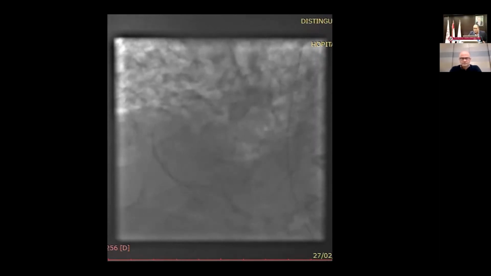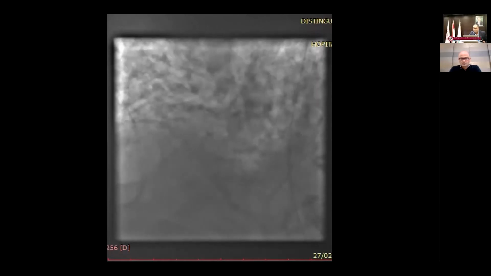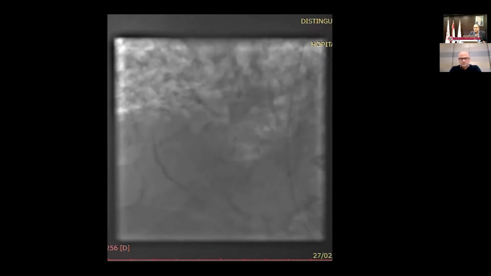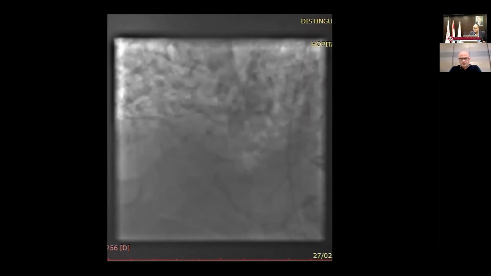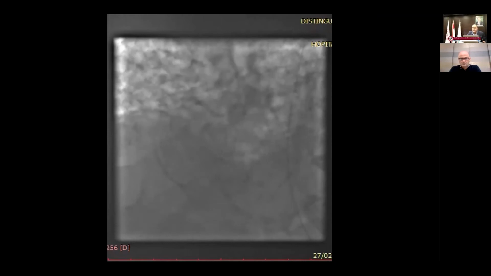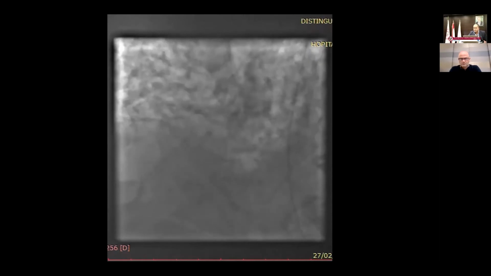We notice that the anatomy of the RCA goes mainly with an Amplatz. I cannot put an Amplatz AL1, so I choose the AL 0.75 to increase the support in the target and have the ability to cross the stent.